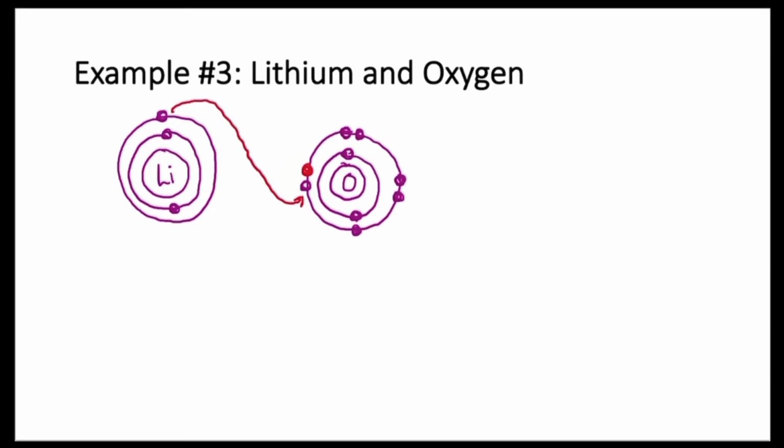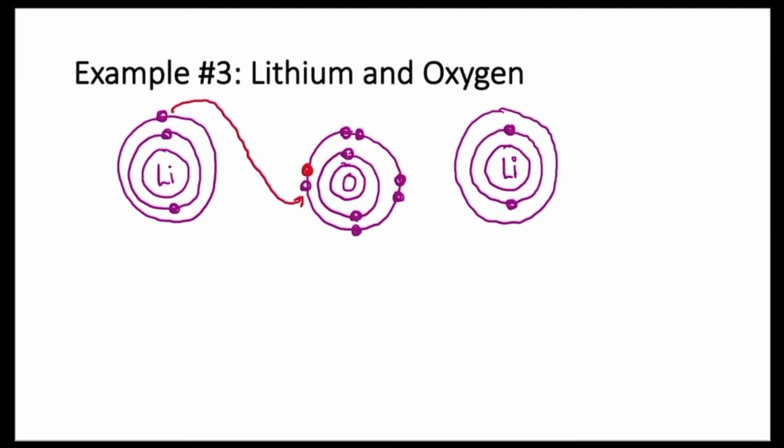We're going to draw another one because remember, overall, we want these to have full outer valence shells. So right now, because oxygen doesn't, we want to add 1 more lithium to donate 1 more electron. So this one will come in and pair here.